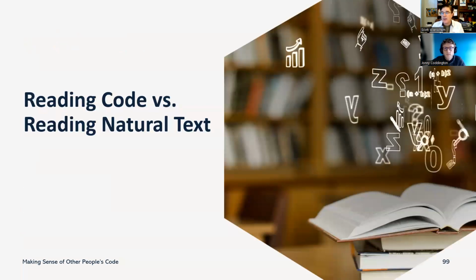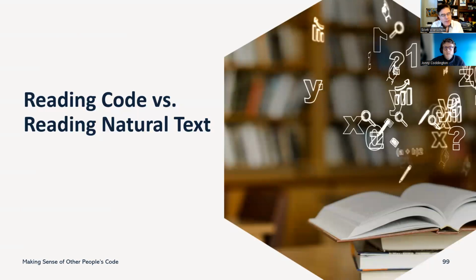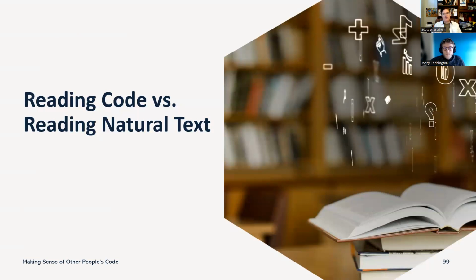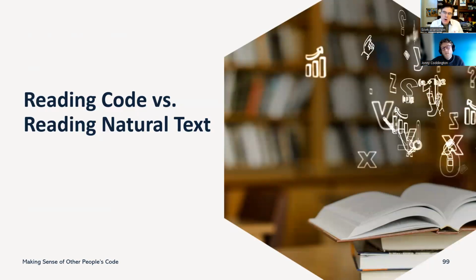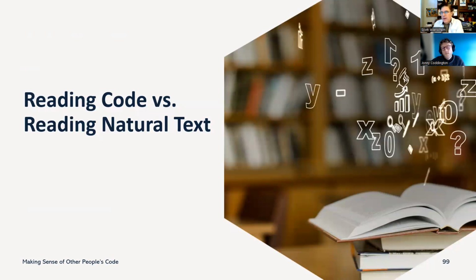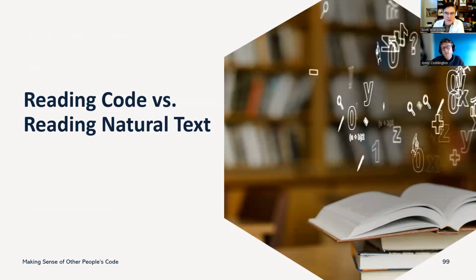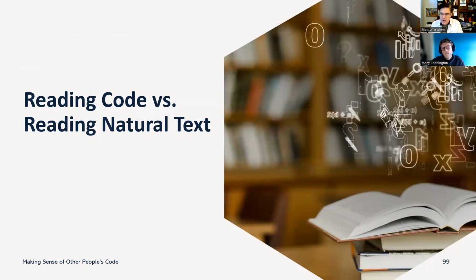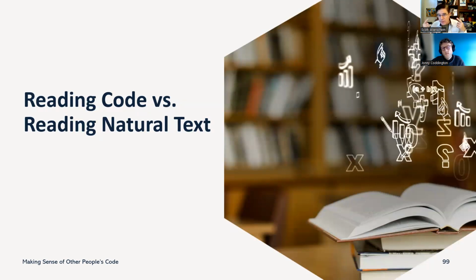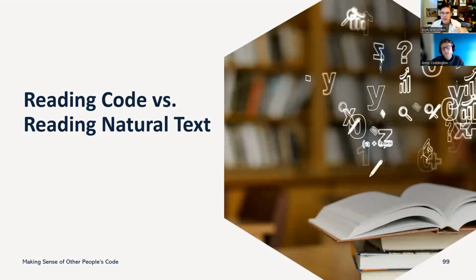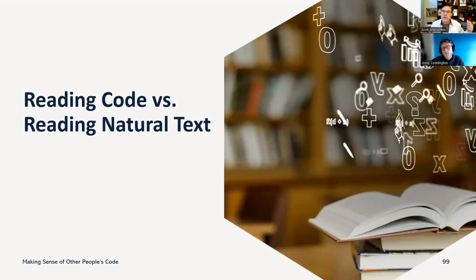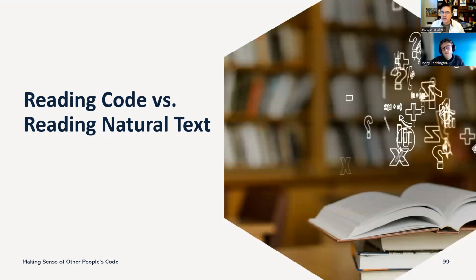Okay. So now let's go back to this idea of reading prose. How does reading code compare to reading regular text? It turns out that reading code stimulates your working memory, the parts of your brain that have your working memory. It also stimulates the parts of the brain used for reading natural language.